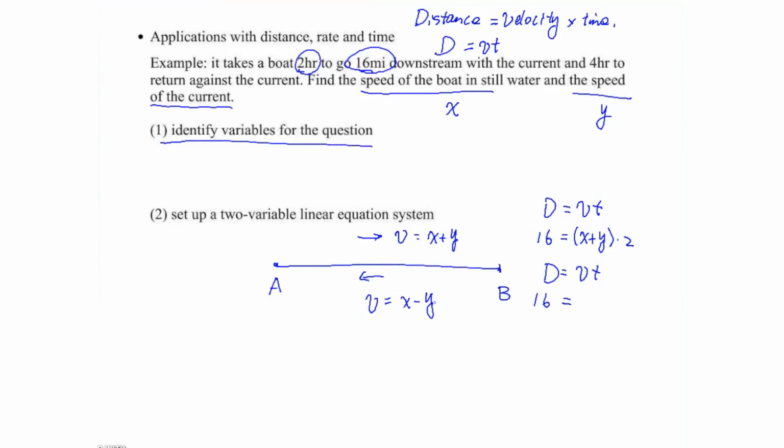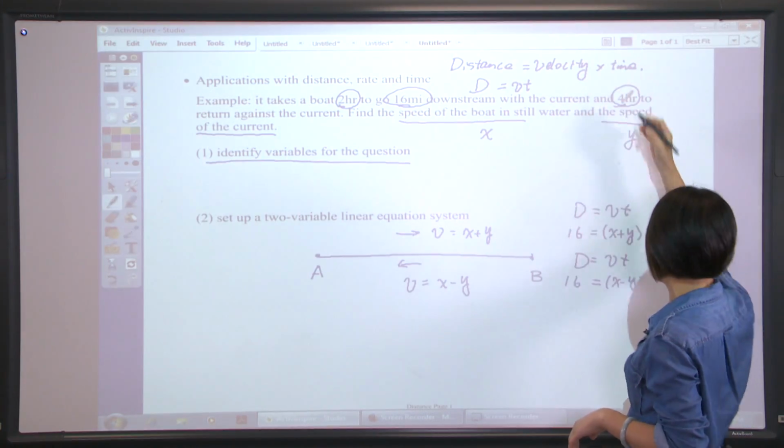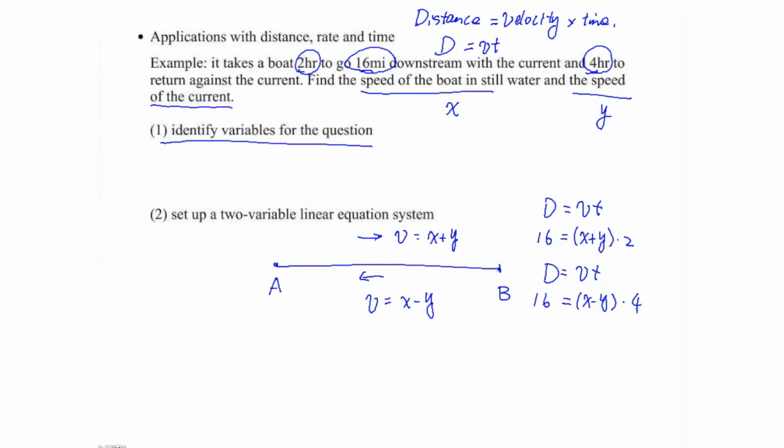X would be the speed in still water and y would be the speed of the current. So 16 equals parentheses x minus y times, this time it's going to take 4 hours. So it will be 4. Let's rewrite it. The system would be 16 equals 2 times x plus y, and 16 equals 4 times x minus y.